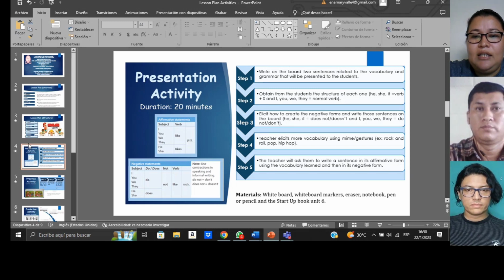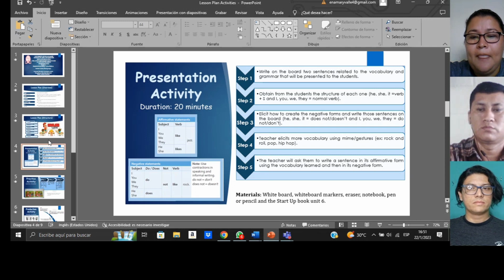In this part, the teacher teaches in what moment to use doesn't and don't when you are making a negative form. But when you are making a positive form, you use does and do.